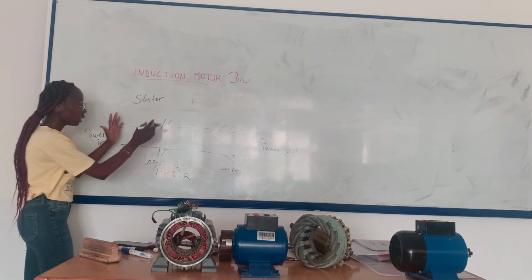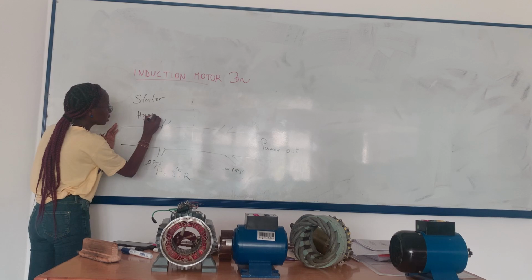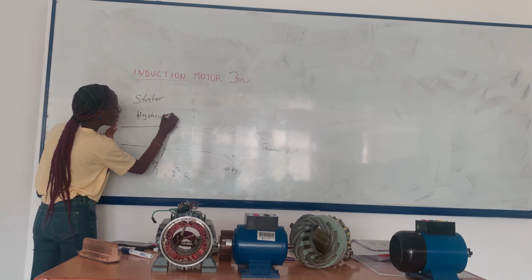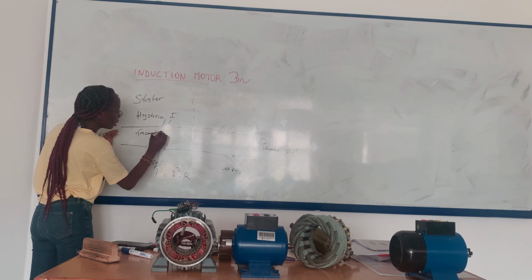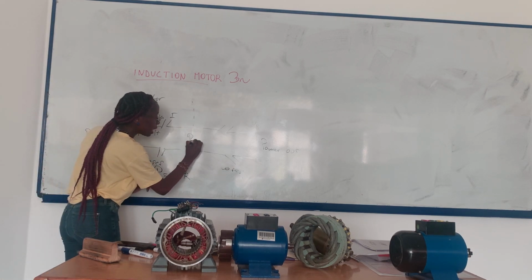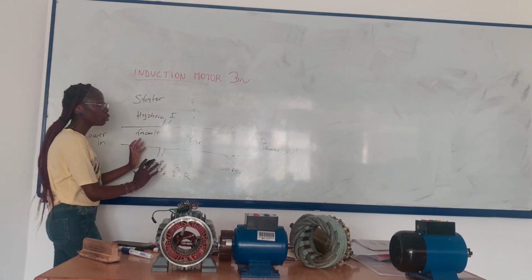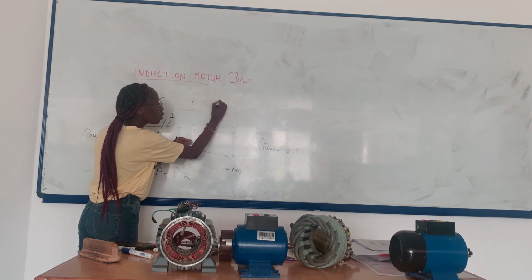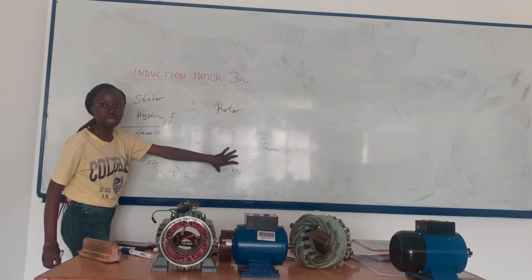So here, as I say, we have some losses due to hysteresis current and Foucault current. So on that side, here we have PTR. PTR is the power of transmission, the power that is going to be transmitted to the rotor side. Also in the rotor we have some losses.